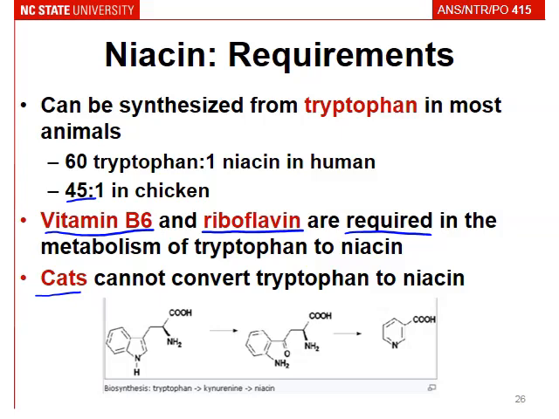So they've never had to be able to convert tryptophan to niacin. So that also makes you be cognizant of, depending on the type of food, if you are feeding a plant-based diet to your cat, you want to make sure that it has specifically niacin, because your cat will not be able to convert any of that tryptophan to niacin.